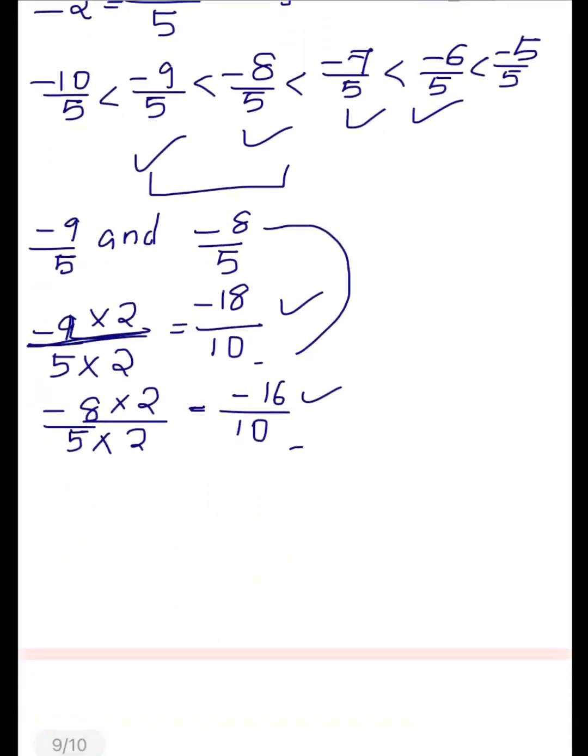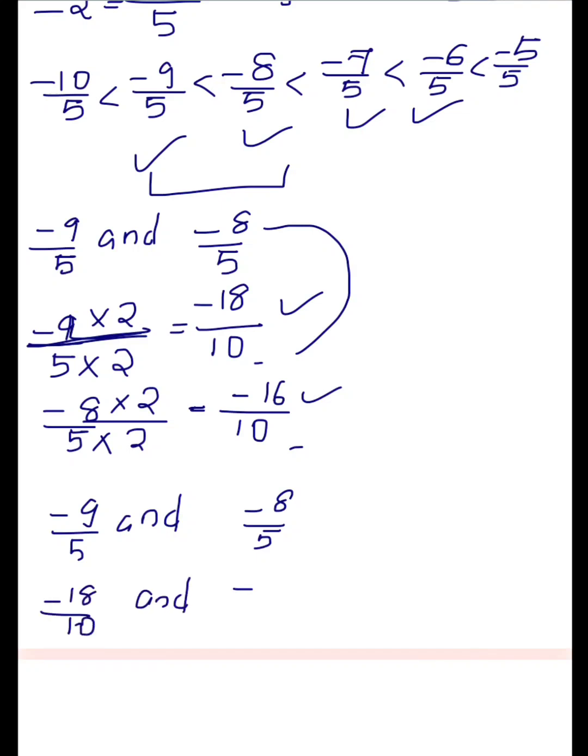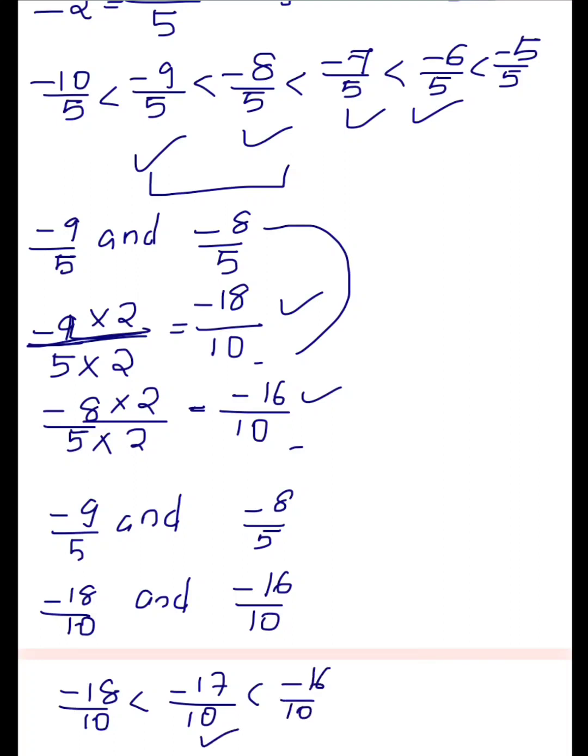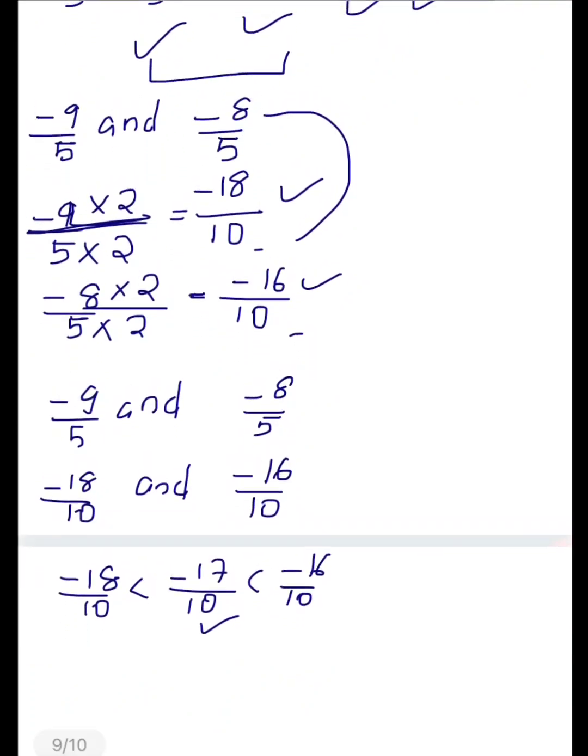So what is the rational number which is between minus 18 by 10 and minus 16 by 10? It is minus 17 by 10. So you have found the fifth rational number. The fifth rational number will be minus 17 by 10.